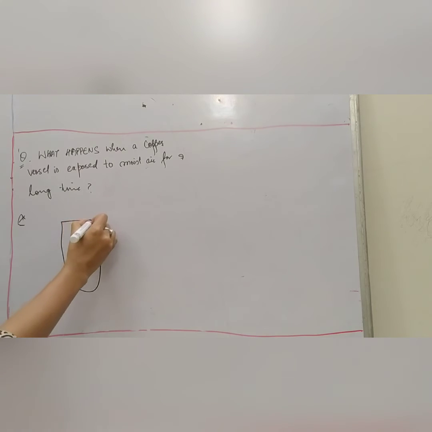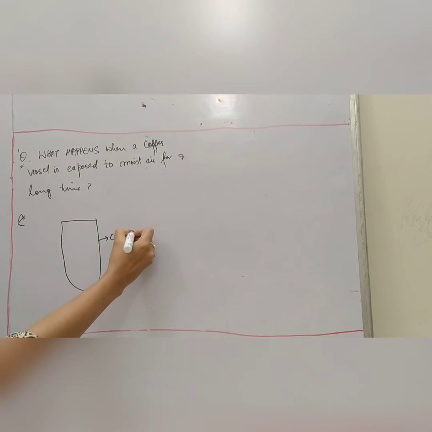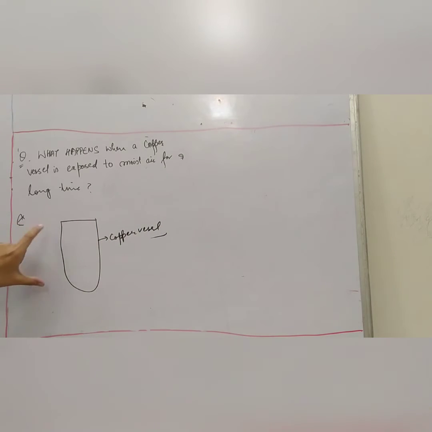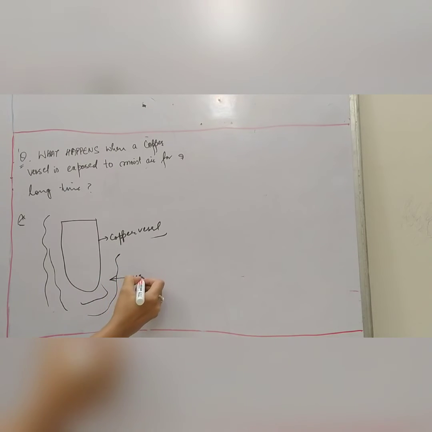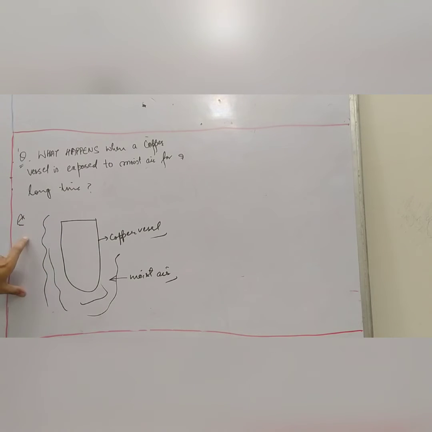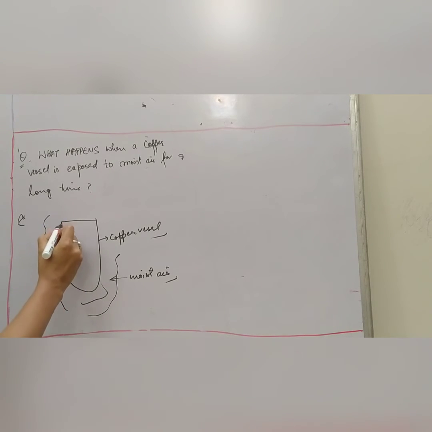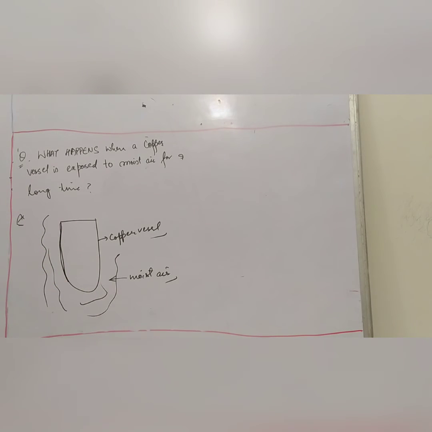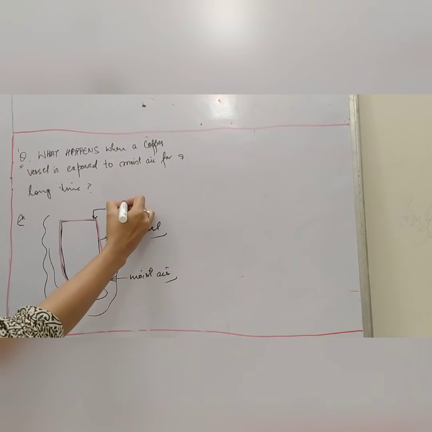For example, this is the copper vessel, and when it is exposed to moist air for a long time, students, it develops a green layer on its surface. Green layer.